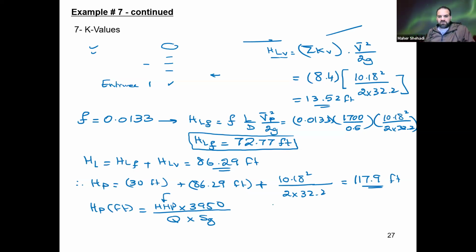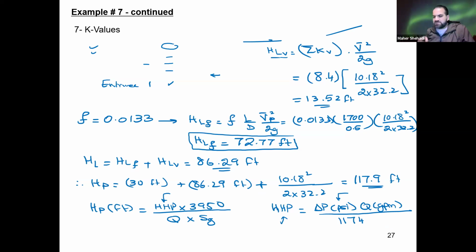Or the other option is the hydraulic horsepower, delta P in PSI times Q again. So we have to convert Q into GPM anyway. If you want to use this equation, you have to find delta P for the pump. But I'm saying if we only need the hydraulic horsepower, you can skip one step and directly use that equation.